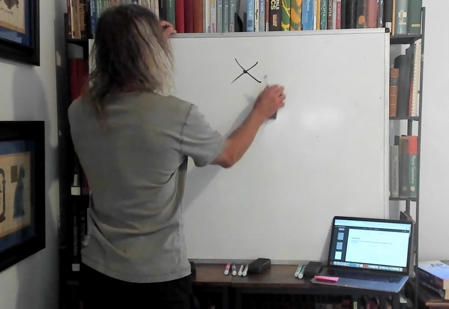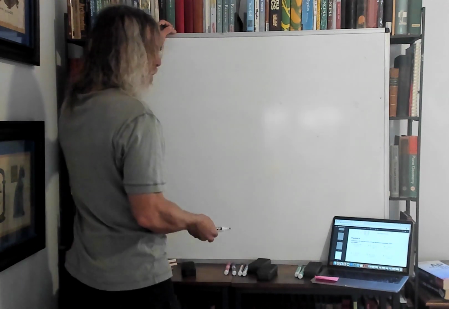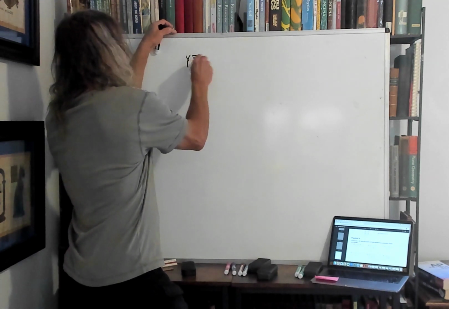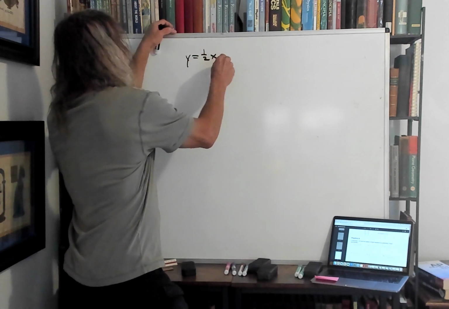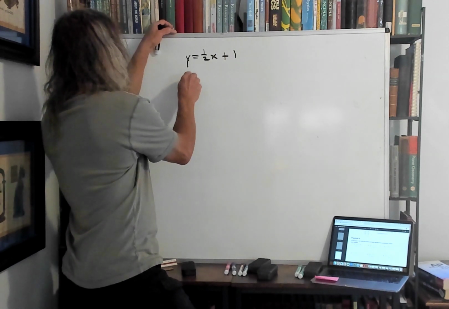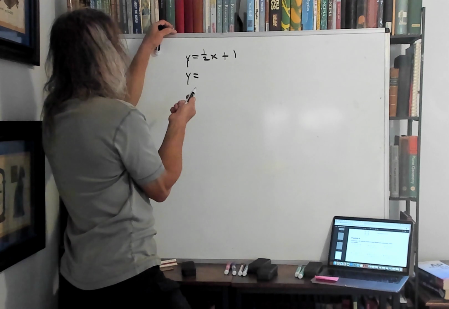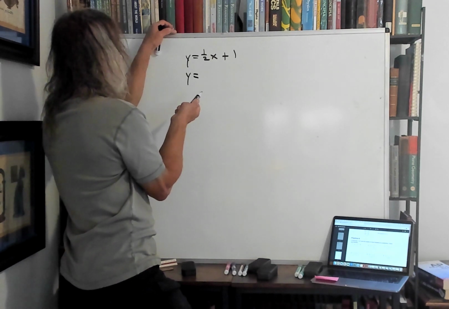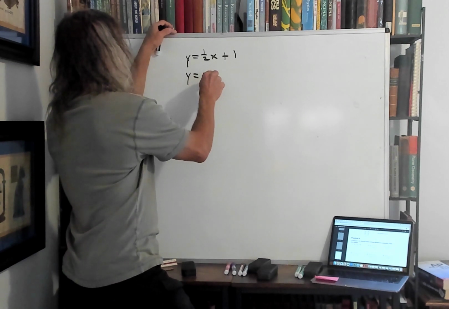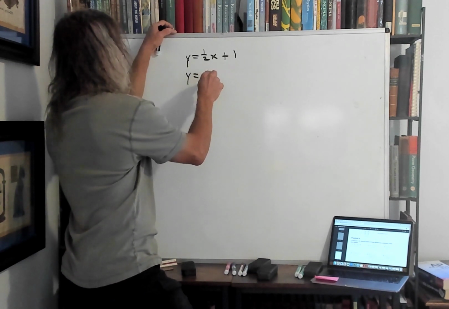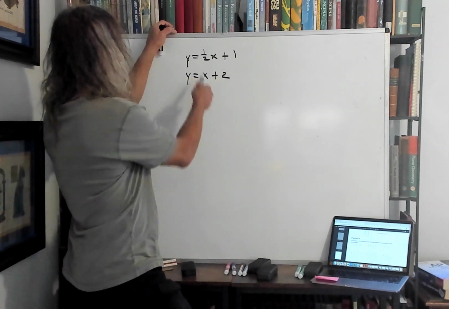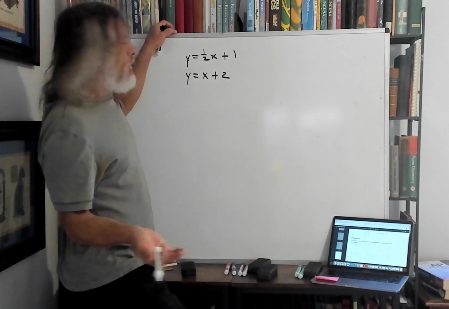So, for example, we've already done some, but if you got like y equals 1/2 x plus 1, and y equals, let me see, x plus 2. If I do these and I graph them, the slopes are different, so there'll be one solution.